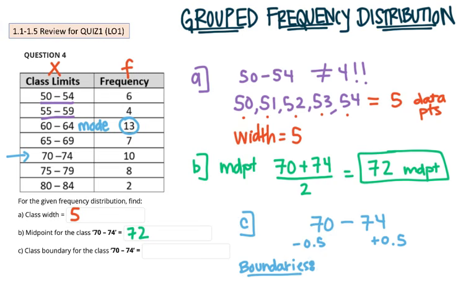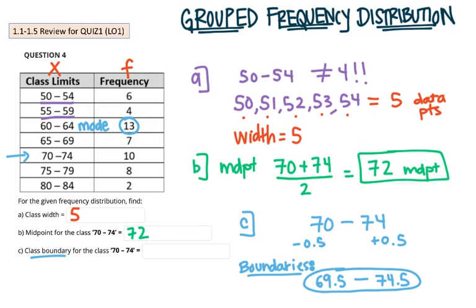So you'll know, if I was bigger than or equal to 69.5 and less than 74.5, then I would fit in that class. Okay, so when they ask for a boundary, you just subtract 0.5 from the left and you add 0.5 to the right.